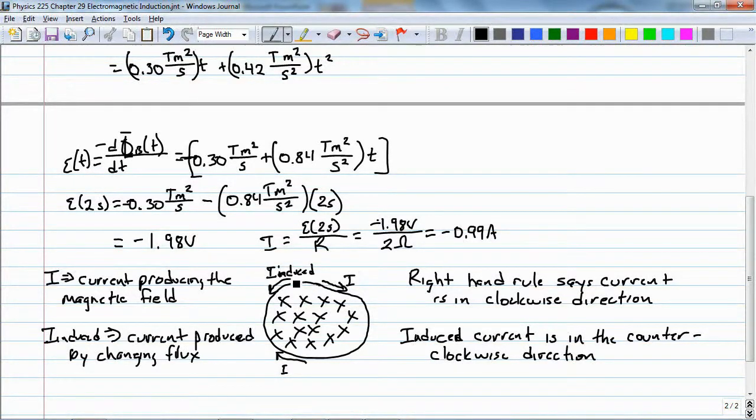And so the induced current is going to be in the opposite direction of a magnetic field created by a current.